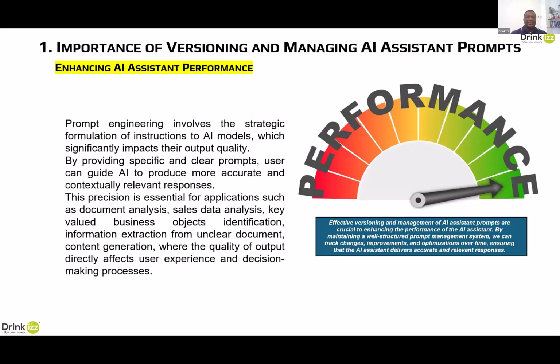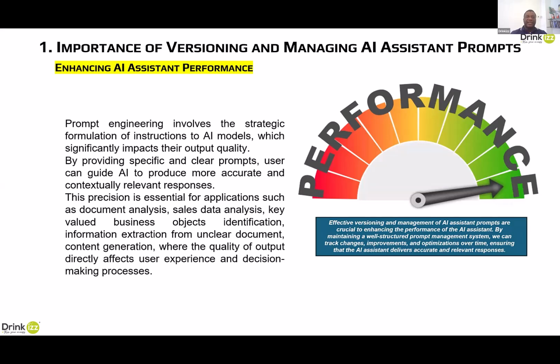Let's see the improvement of AI assistant performance. As you know, creating a good prompt is very important for the quality of AI response. Clear and specific prompts help AI models give accurate answers. This accuracy is important for tasks like creating content, discovering information from unclear documents, and so on.